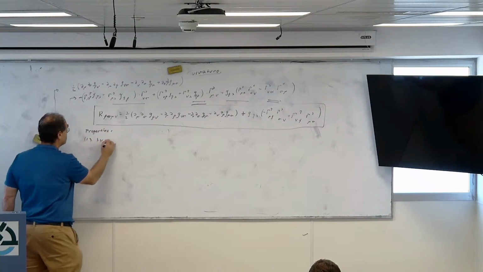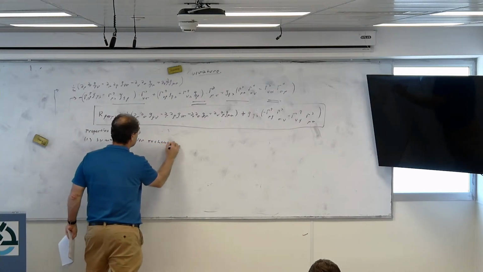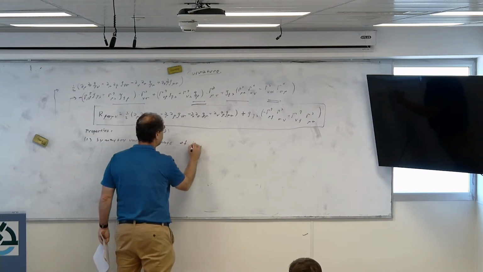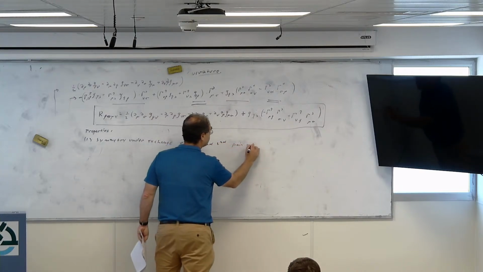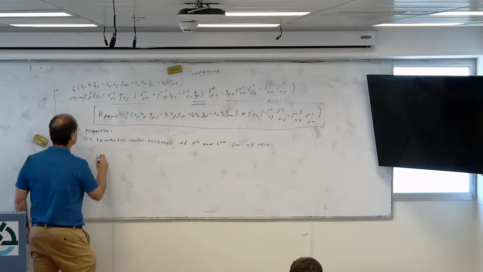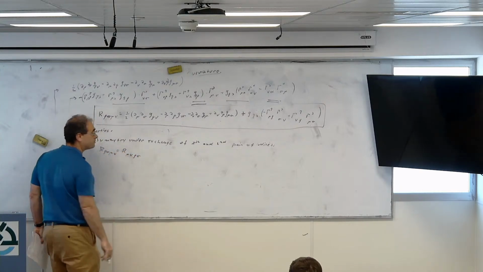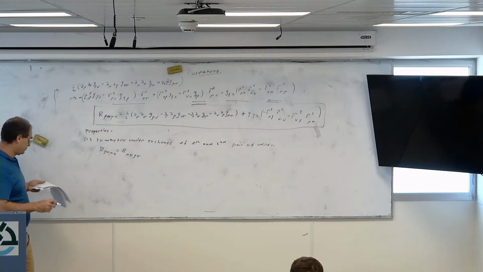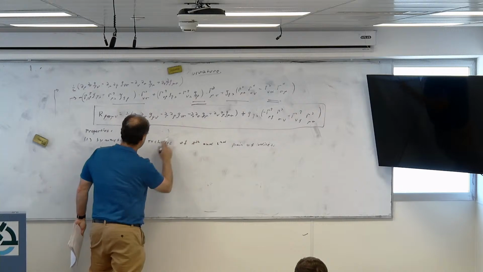One, symmetry under exchange of first and second pair of indexes. R rho sigma mu nu is R mu nu rho sigma. Okay, if I take these two, replace with those two, check it out, get the same result.